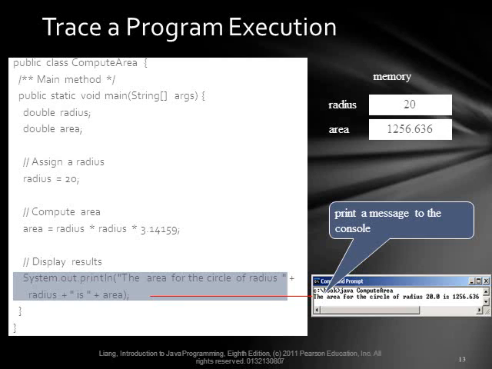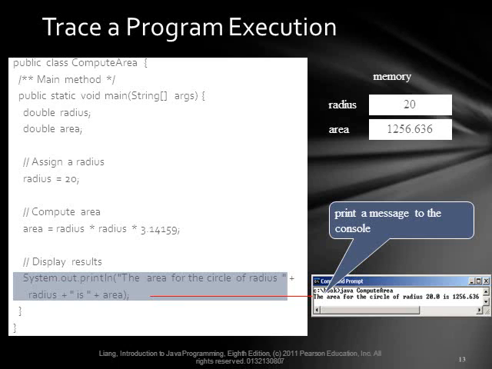So as you look at our print line statement, it begins with, "the area for a circle with a radius of," and then it has a plus sign, and then it says radius, and then it has another plus sign, and it says "is," and it has another plus sign, and it says area. So what's going on here? Well, what's going on is the concatenation we talked about. Concatenation deals with building string data.